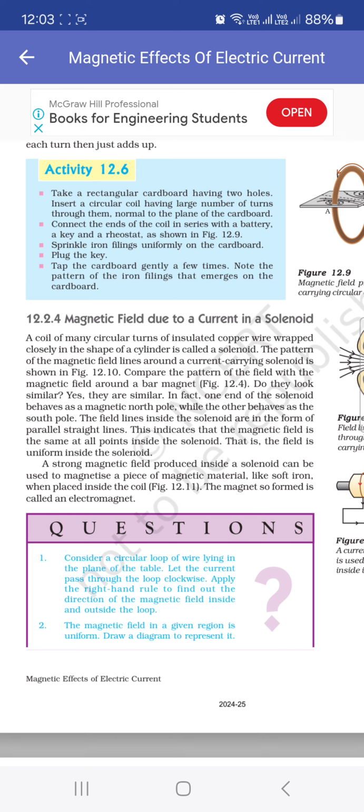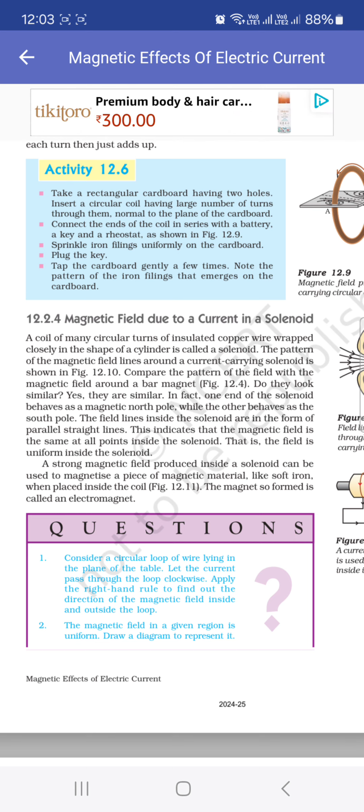Its magnetism is only for the duration of current passing through it. So the magnetism of the electromagnet can be switched on or off as desired. An electromagnet can produce a very strong magnetic field compared to a bar magnet or permanent magnet.